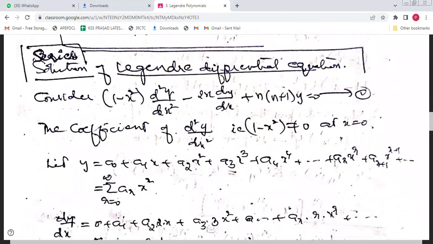Solution of differential equation. So for that, we consider 1 minus x square times d square y by dx square.